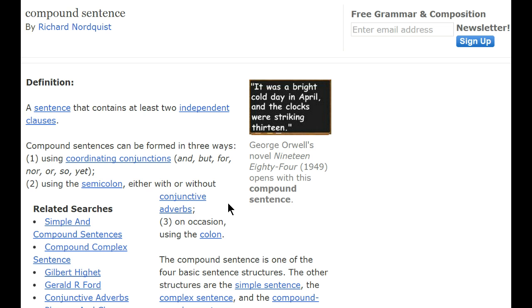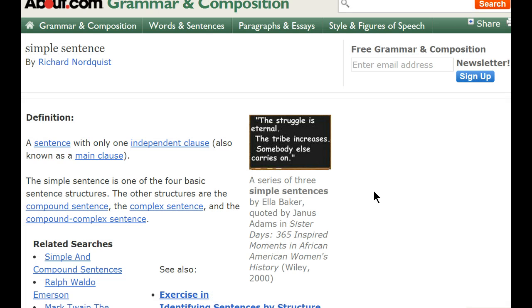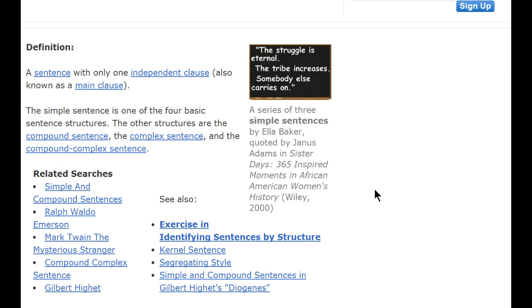What's a simple sentence? Well, let's take a look at that. Simple sentences are very simple. They are essentially just a sentence.